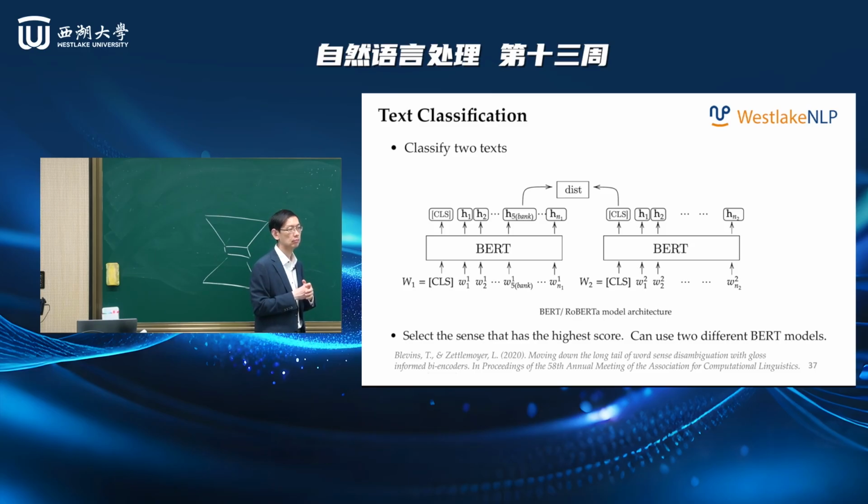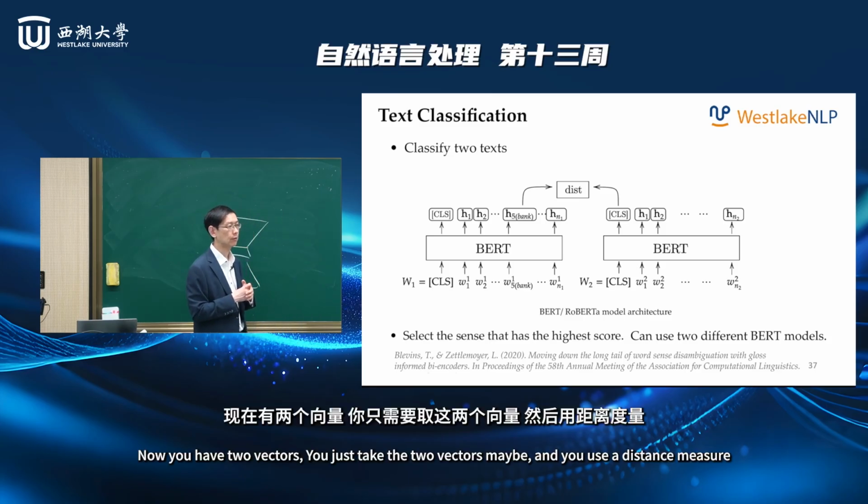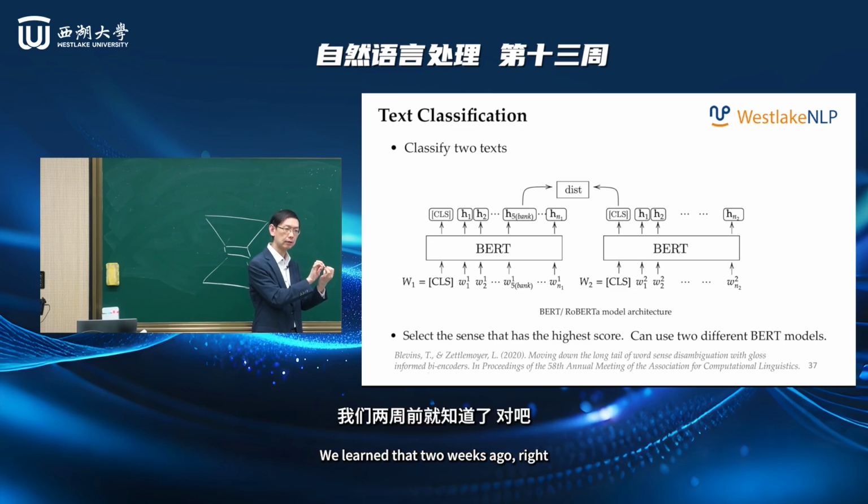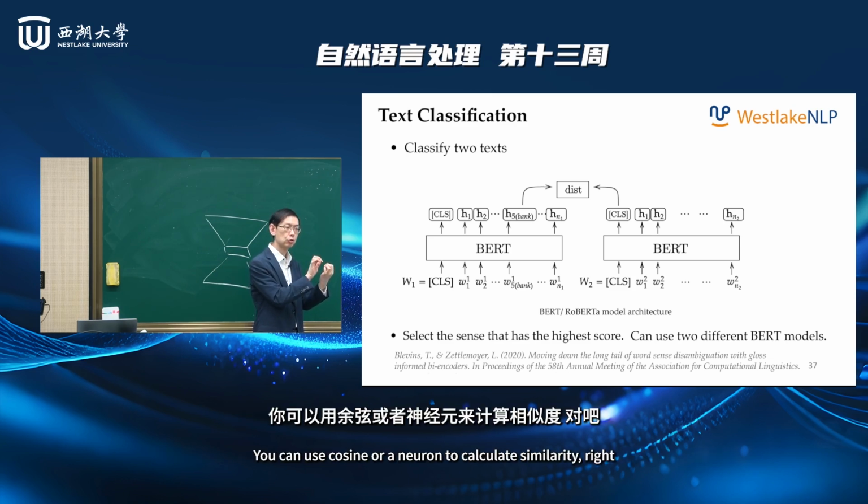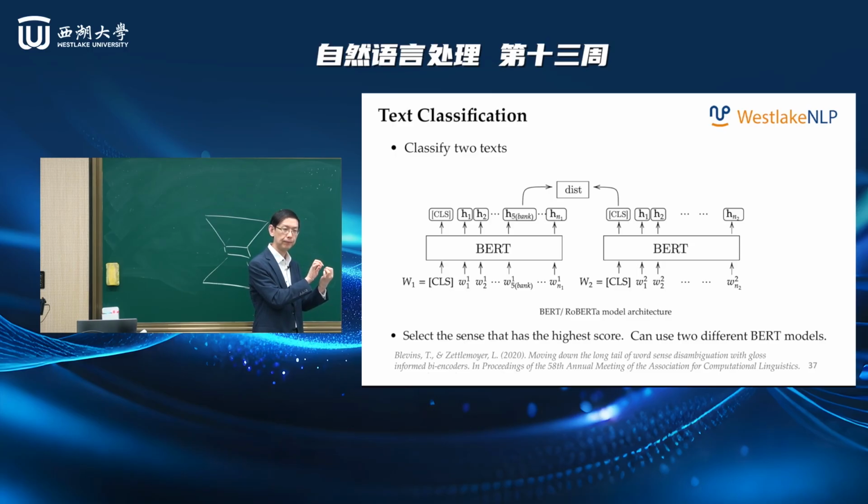Now you have 2 vectors. You just take the two vectors and you use the distance measure. We learned that 2 weeks ago, right? You can use cosine or a neuron to calculate the similarity.